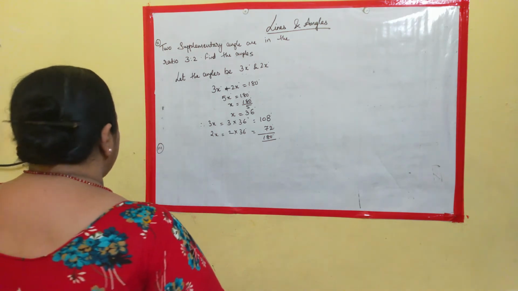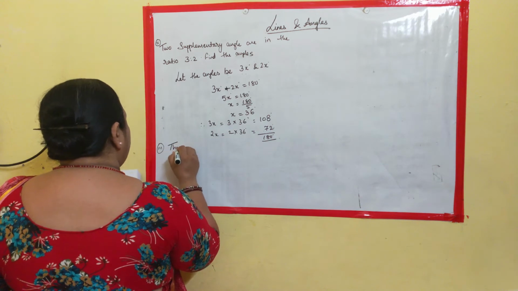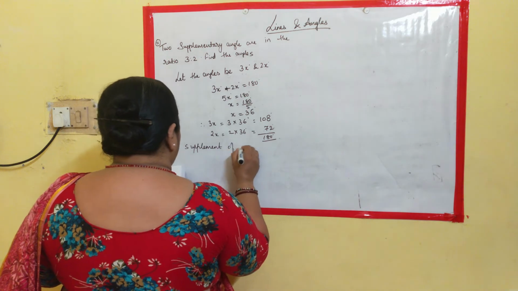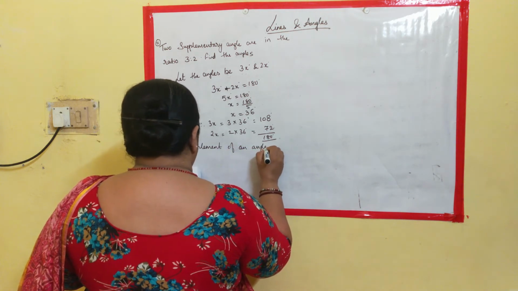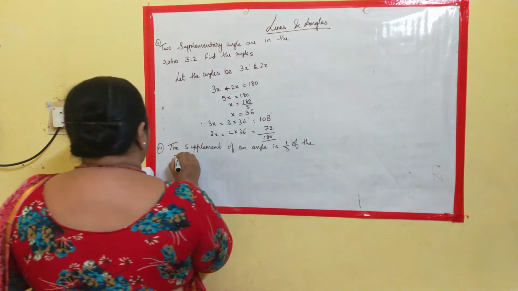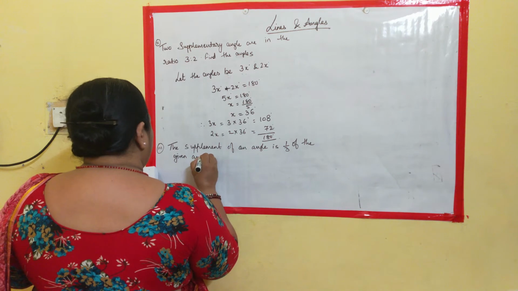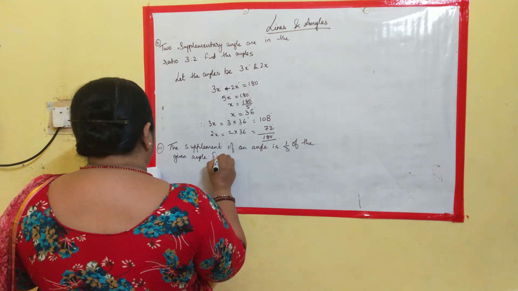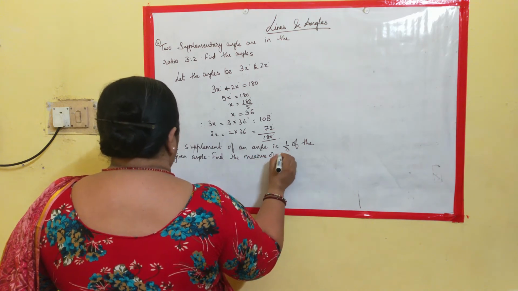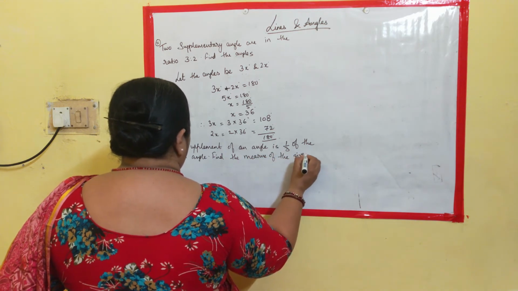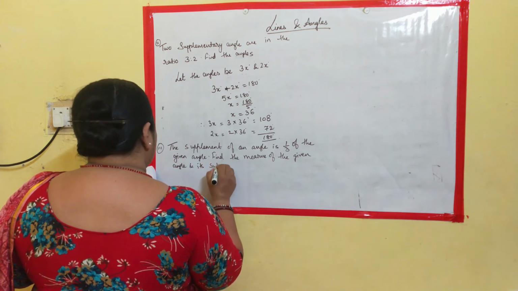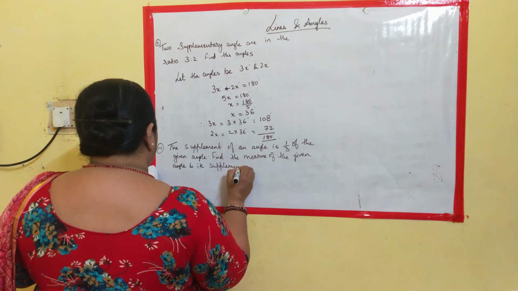Now, moving ahead with our third example, where the question is: the supplement of an angle is 1/3 of the given angle. What you need to do is find the measure of the given angle and its supplement.